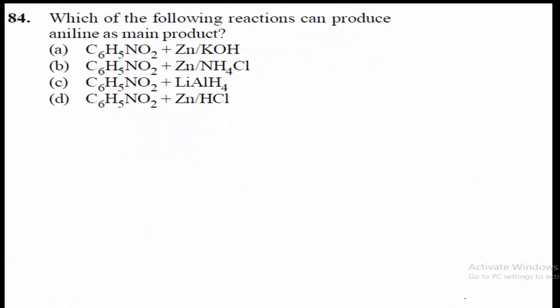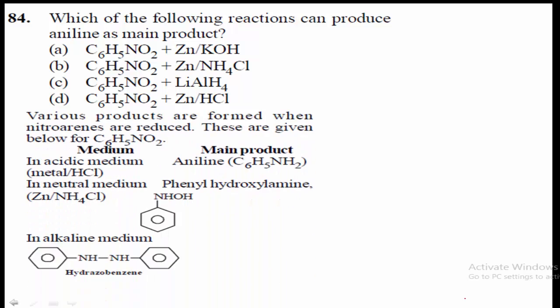84th, which of the following reactions can produce aniline as main product? So, various products are formed when nitroarenes are reduced. These are given below.